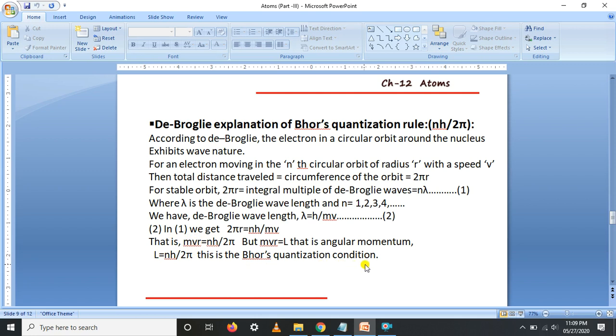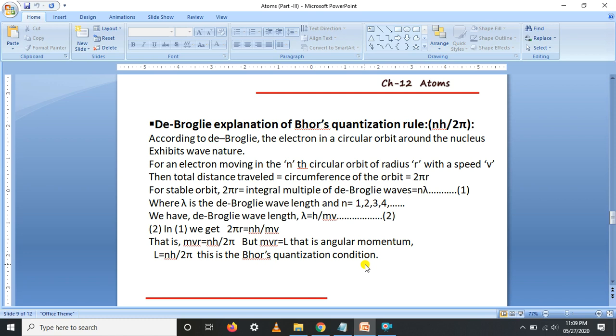Like this, de Broglie explains Bohr's quantization condition, that the angular momentum L is equal to nh divided by 2π.